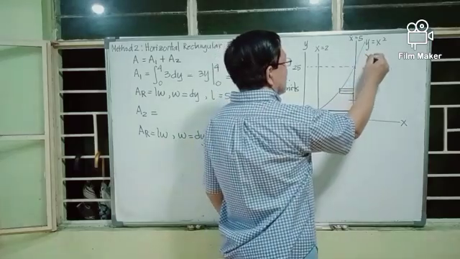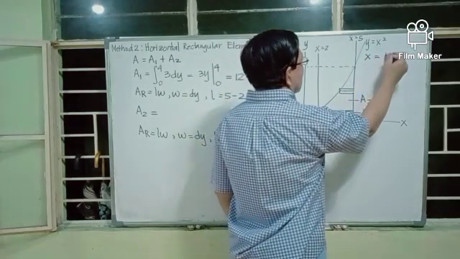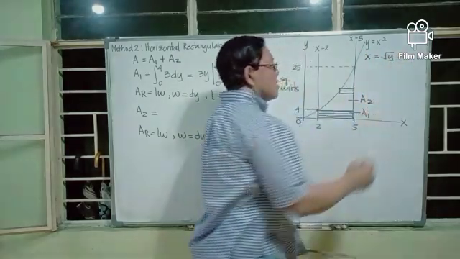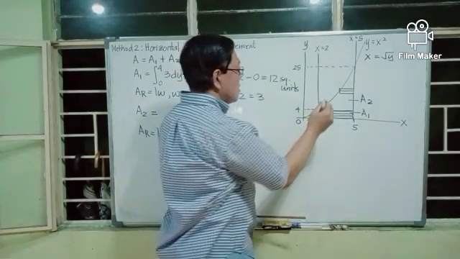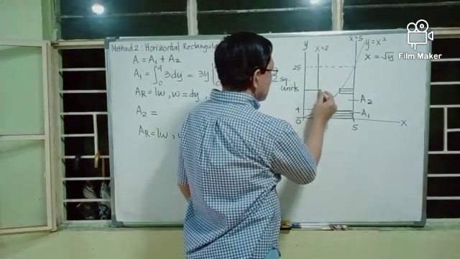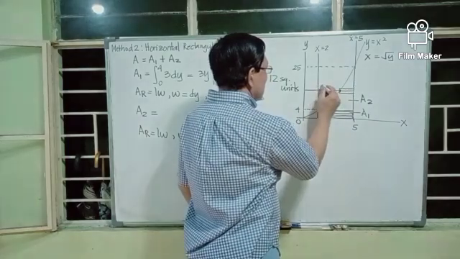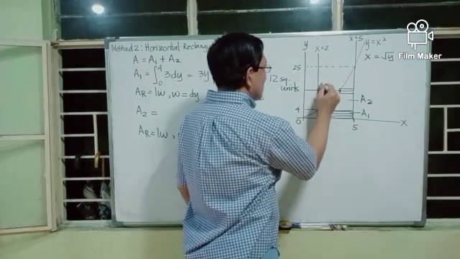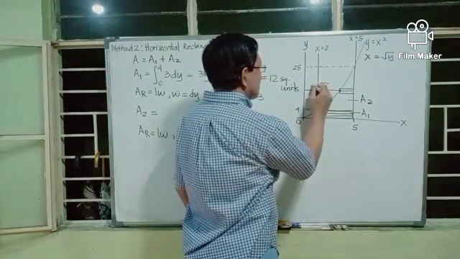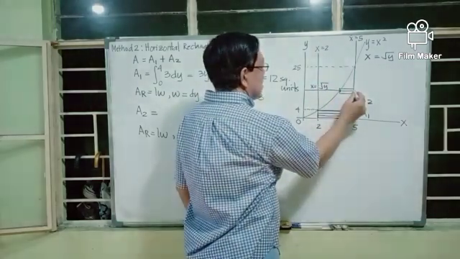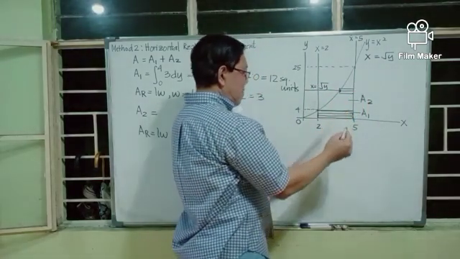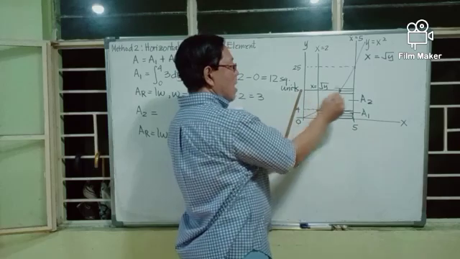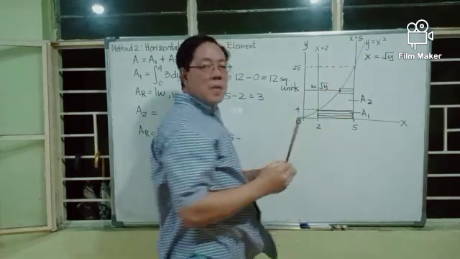From here, x equals the square root of y. So this length is equal to the square root of y. From this point up to the y-axis is 5.